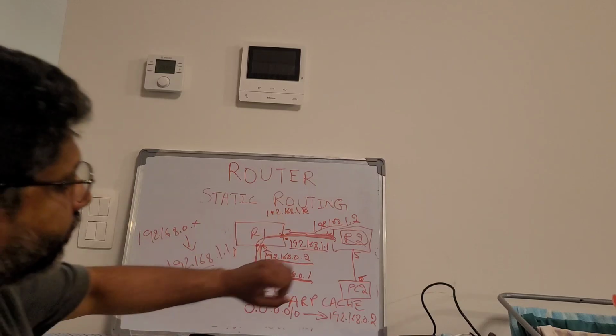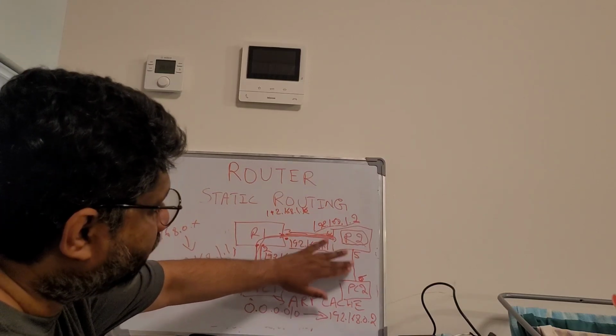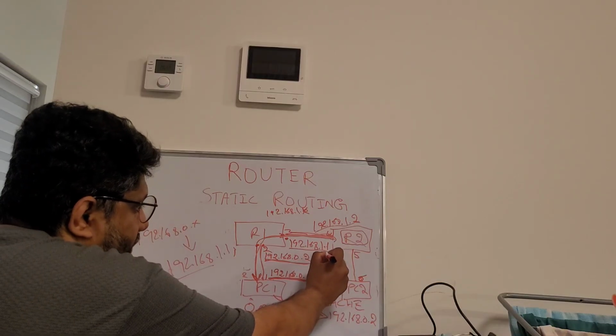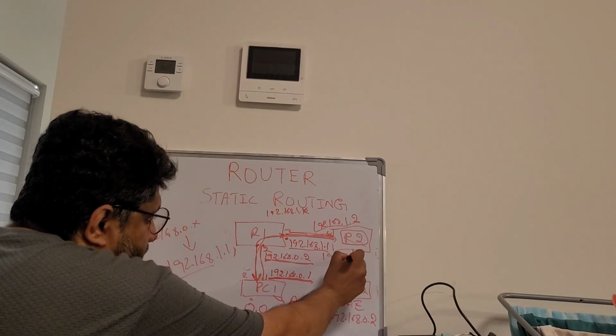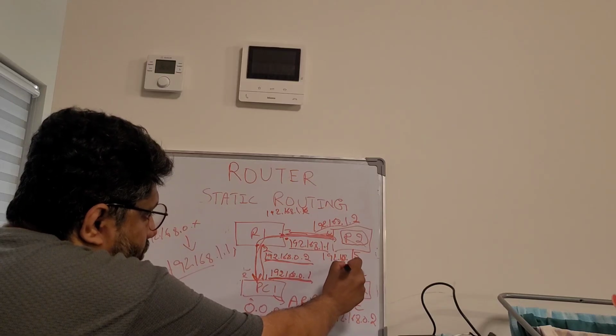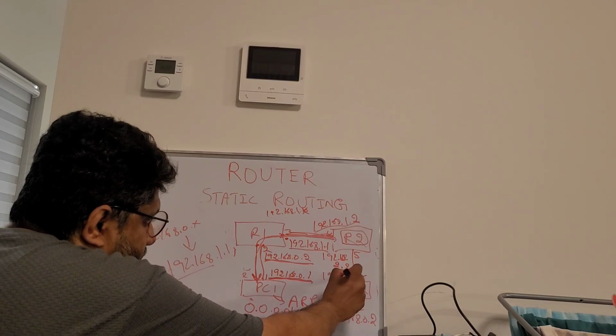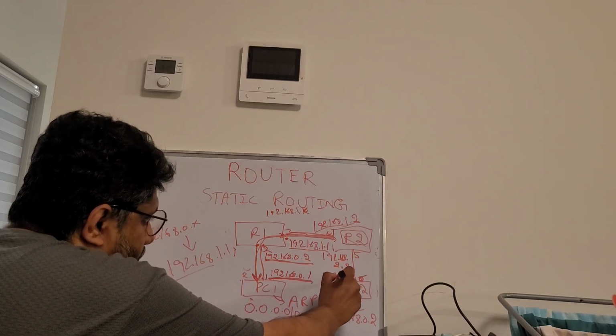Now finally, we need to define network layer IP addresses for 5 and 6. Let's call 5 as 192.168.2.2 and 6 is 192.168.2.1.